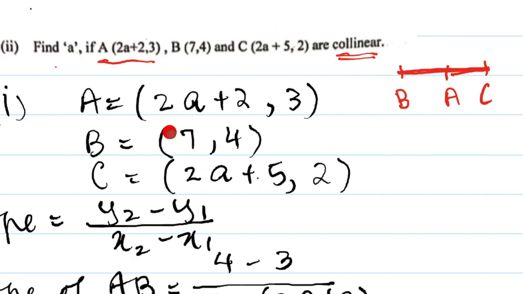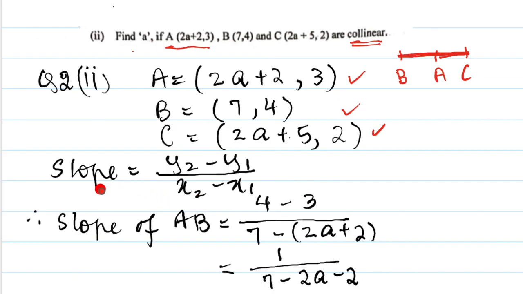And so we start with A, we write the coordinates like so, and we write the slope formula y2 minus y1 upon x2 minus x1. Slope of AB will be y2 minus y1, that is this, upon x2 minus x1, like this.